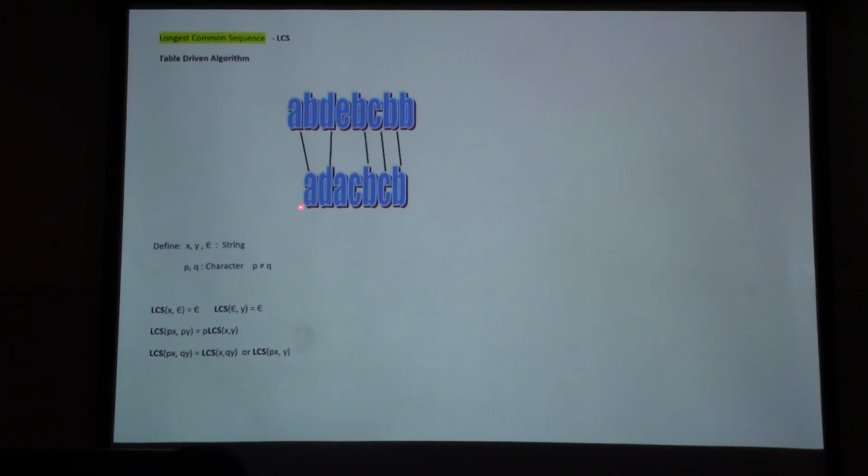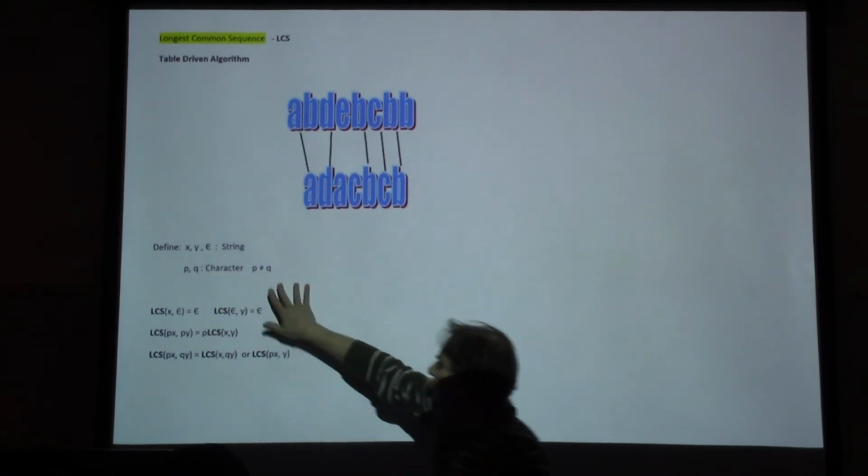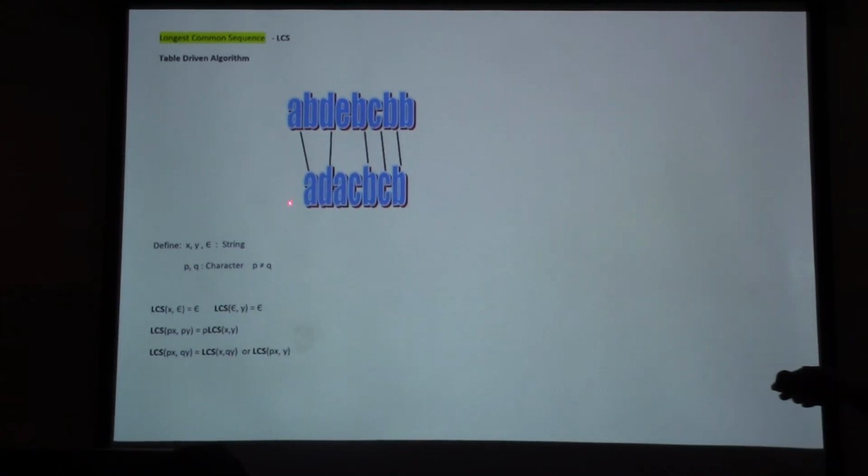You cannot have X be A and Y also be A. Not Y, sorry, P and Q. P and Q, so we're talking about individual characters, P and Q. They have to be different from each other. So if A is P, then Q can be B or D or E or C. It doesn't matter which one.